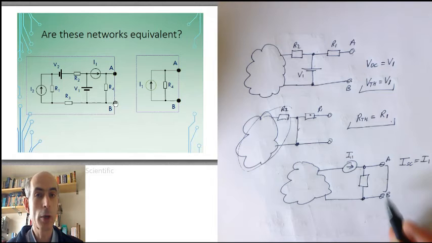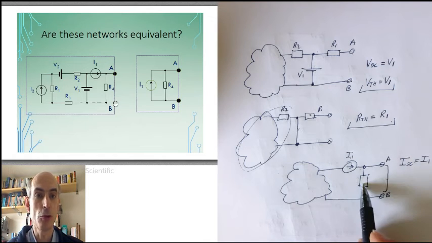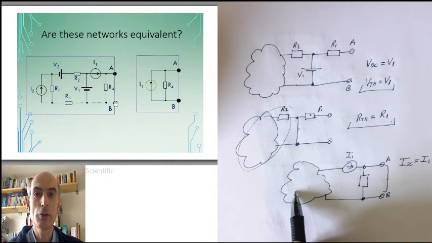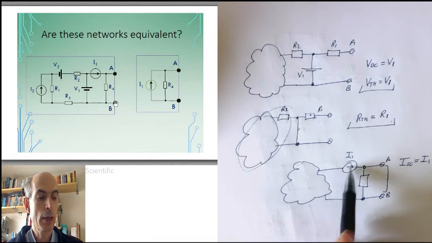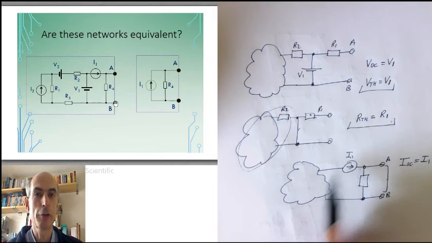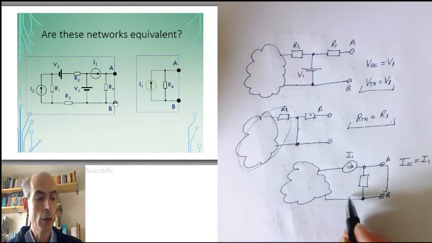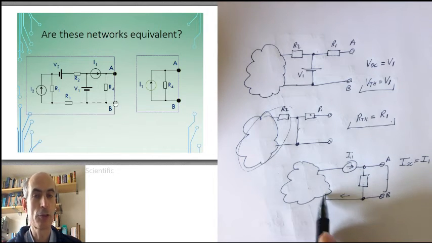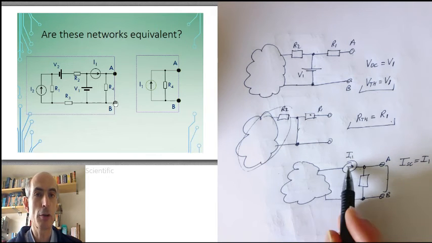Similarly, if we were working out what the resistance was, we would set all of our independent sources to 0. That involves setting this current source to 0, which means that no current flows through it. So no current is going to be flowing into this cloud of components because it can't flow back out again. We don't have a circuit.